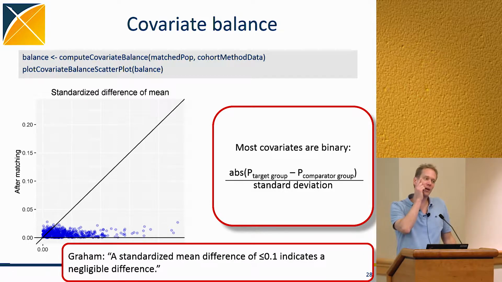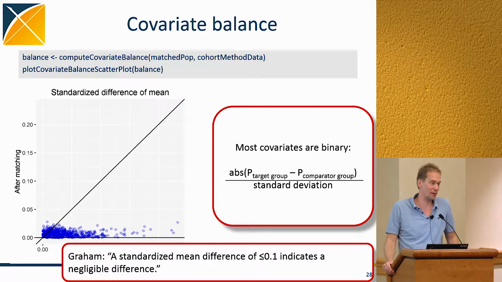To your point, if you're not going to do conditioning, in the case of one-on-one matching, it's in theory okay to not do the conditioning. If you're doing variable ratio matching, it's pretty much the same as stratification, in that if you don't do it, you're not using the propensity score. But if you're just doing one-on-one matching, it might actually be okay to also look at what the balance is without that stratification.